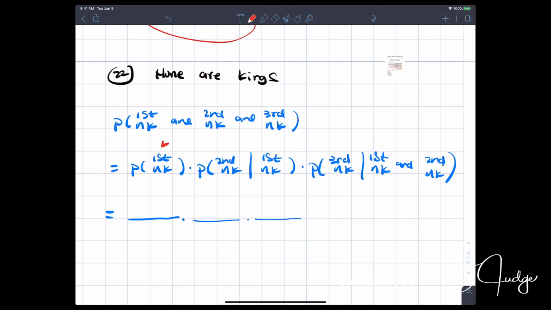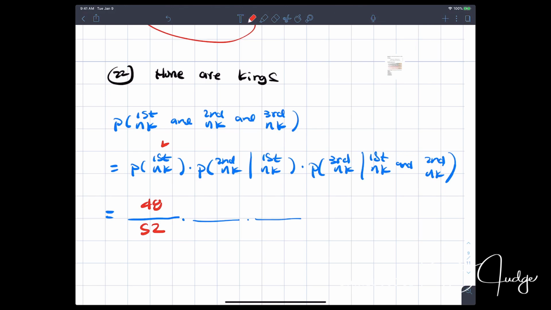So if you guys remember by the complement, if the chance you select a king is 4 out of 52, the chance you select a non-king is 48 out of 52. If there's 4 kings, there's 48 non-kings.